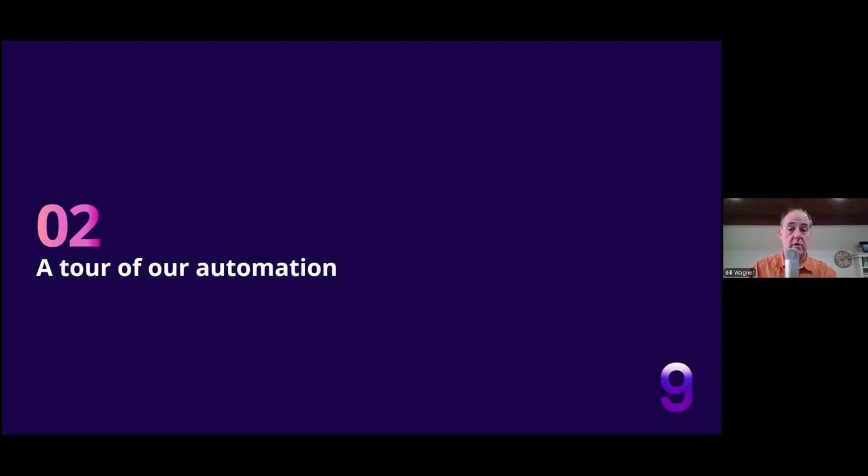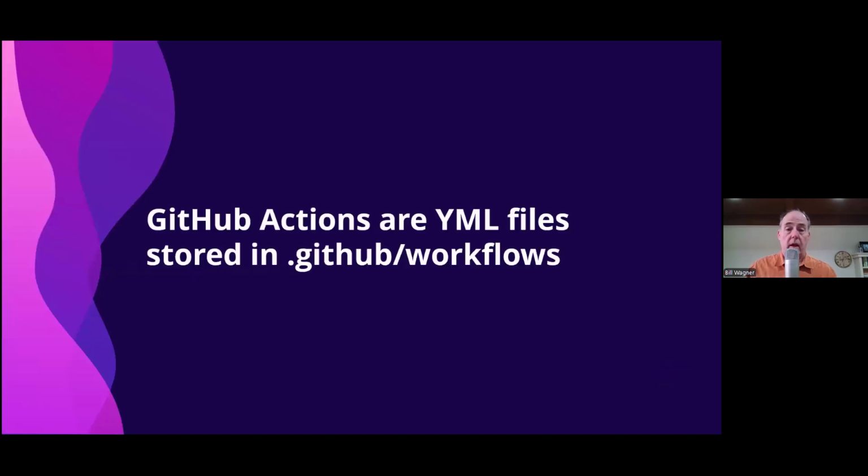All right, so GitHub Actions are stored basically as config files, more or less, in your repository. They're in a .github/workflows folder, and any file in that folder represents an action. And it will have several sections in it that will do things like trigger on a PR to do a CI build.